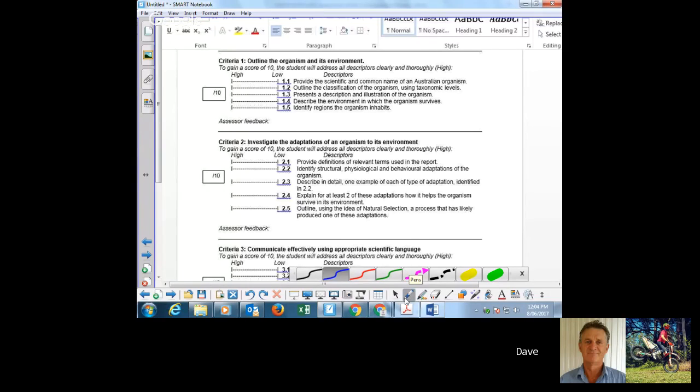All right, so you may have more than these, but down to here: provide definitions of relevant terms used in the report.